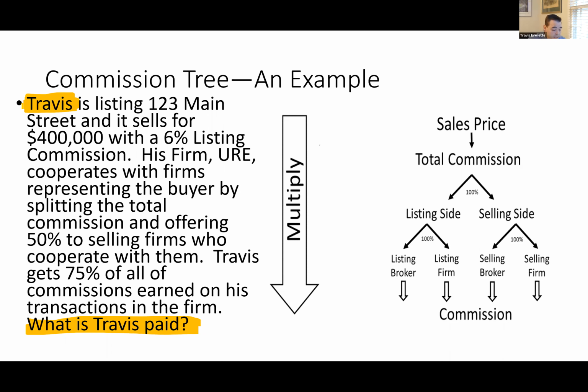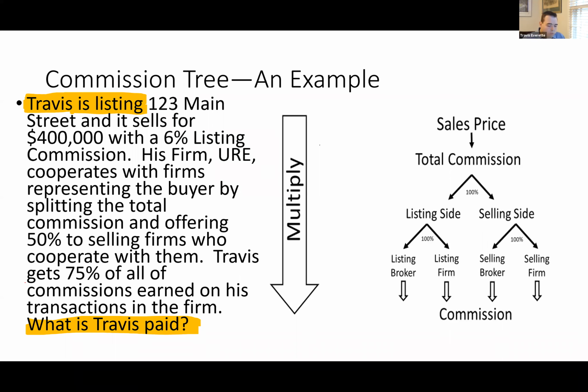Well, first thing it tells me is Travis is listing. I can stop right there. Super important information. I need to start filling this thing in. So look at my tree over here to the right-hand side. Just like we've done it before, the listing side always goes to the left, but now you see that we've split these into multiple pieces each way.